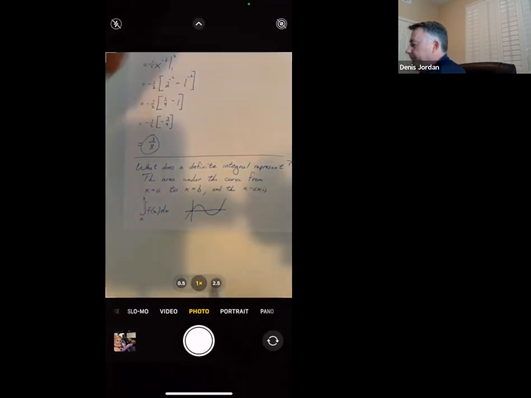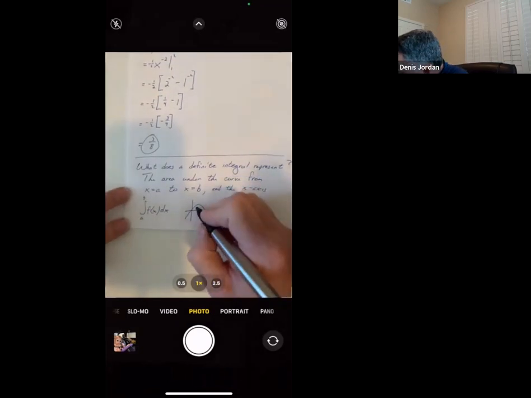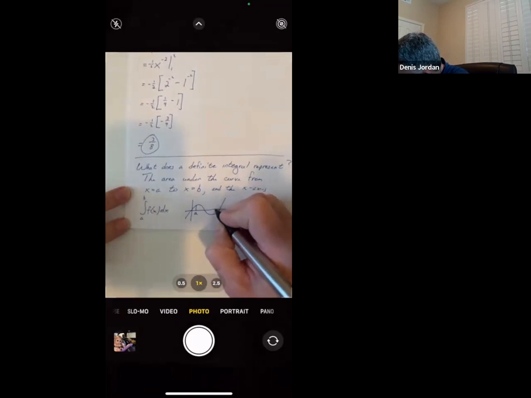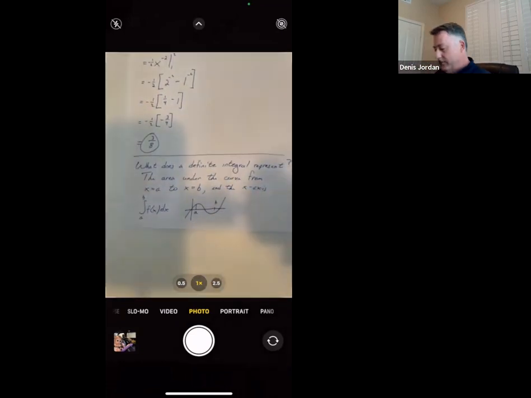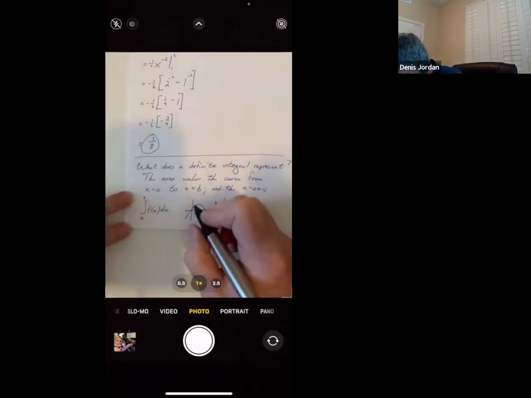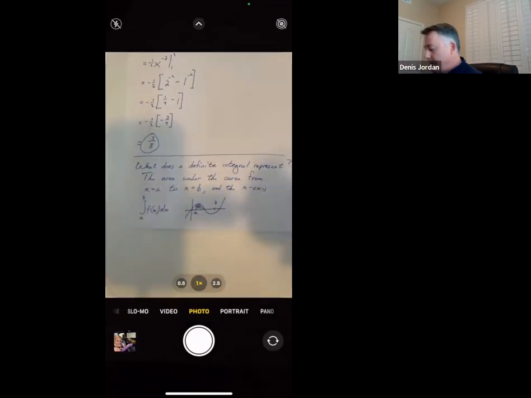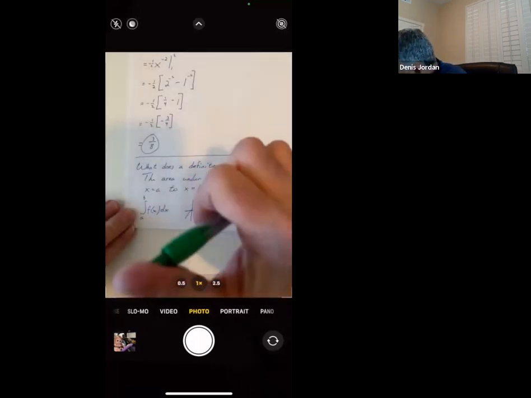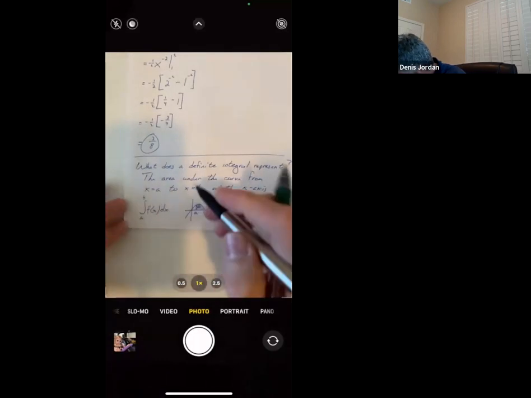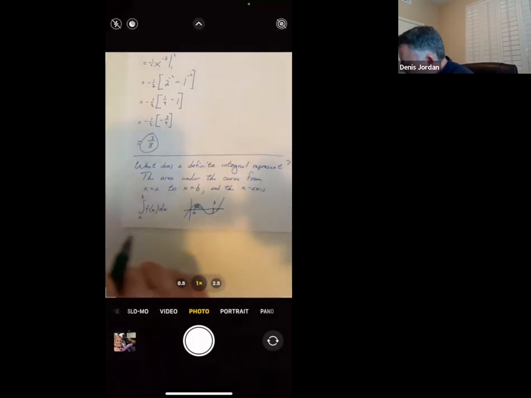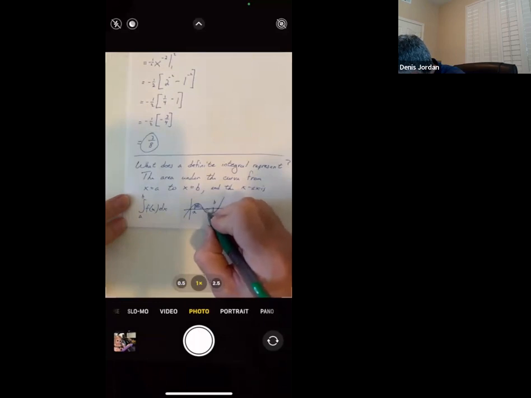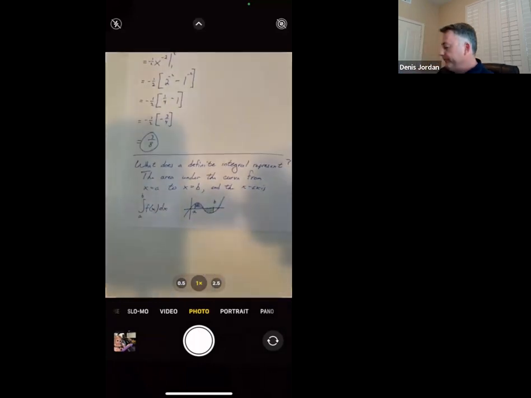it's taking the area from a to b, and if it's above the x-axis, that's always a positive. And if it's below the x-axis, that would always be what kind of a value?